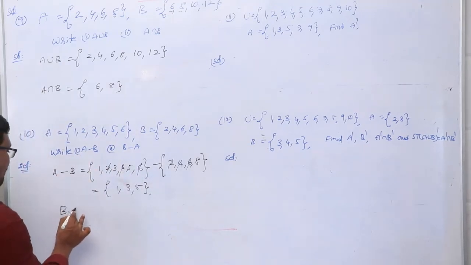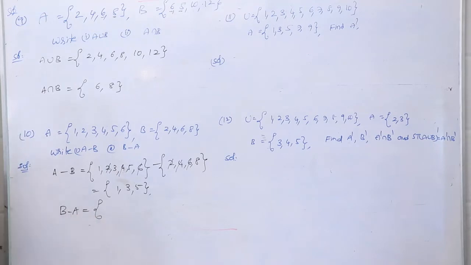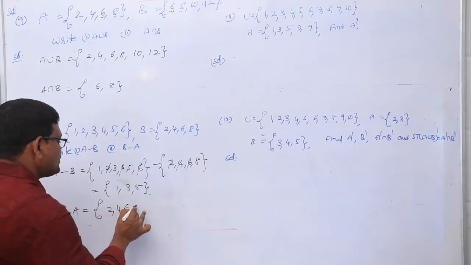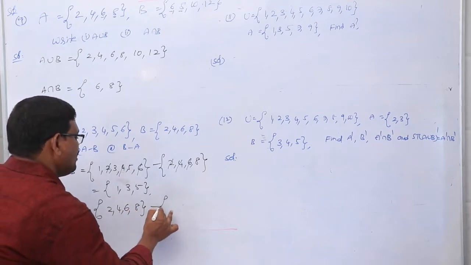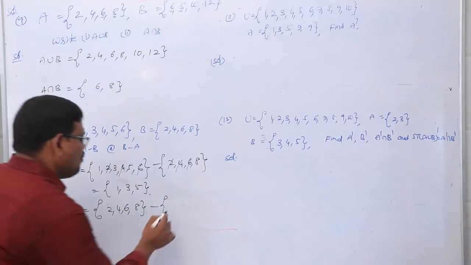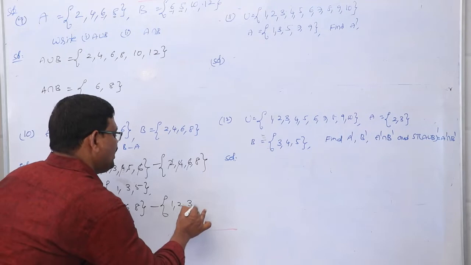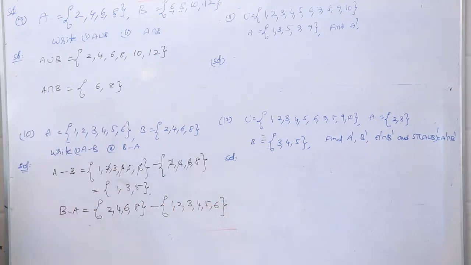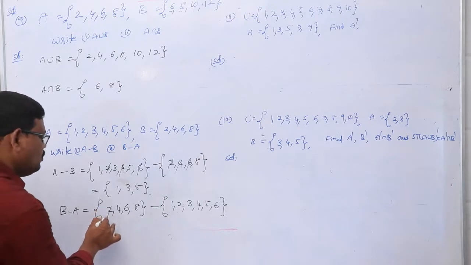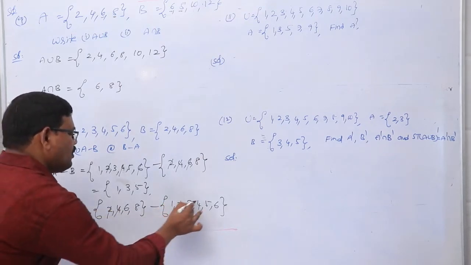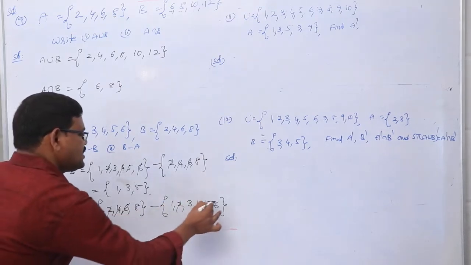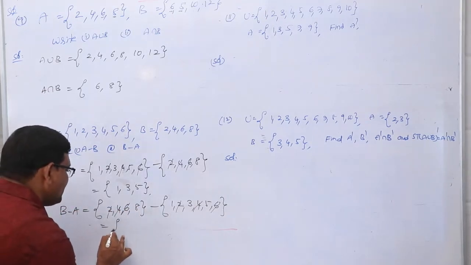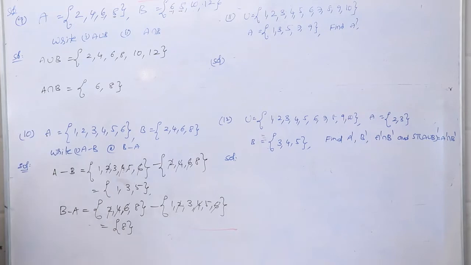And B minus A equals the set {2, 4, 6, 8} minus the set {1, 2, 3, 4, 5, 6}. Then, after removing 2, 4, 6, the remaining element in the set B minus A is only 8.